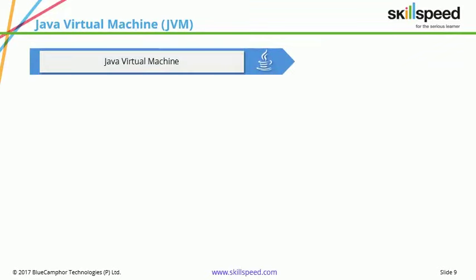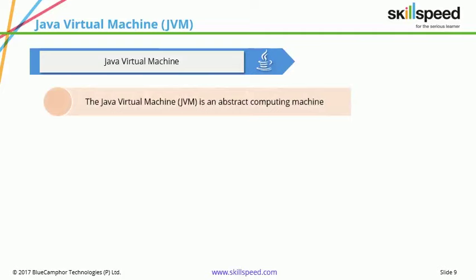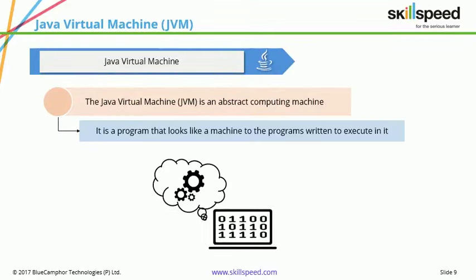So what is the Java virtual machine? I can say it's a hidden computing machine, or a virtual machine, or an imaginary machine that drives the Java code. It is like an actual computing machine, or like a computer inside a computer, a small computer inside the Java programming language, which has some set of instructions which can manipulate the Java code that we write.